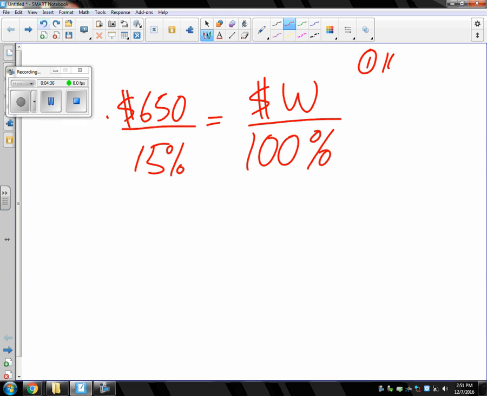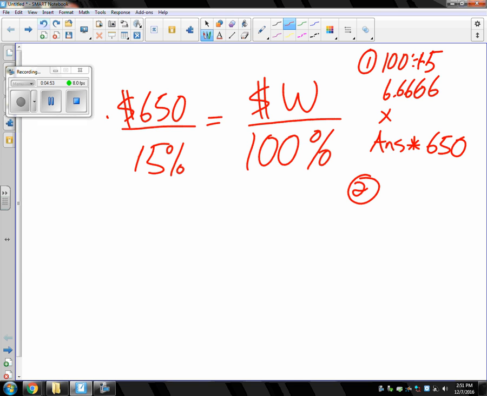So 100 divided by 15, which is the 6.66, and then right away we hit times, which brings up ANS star, and then we do 650.